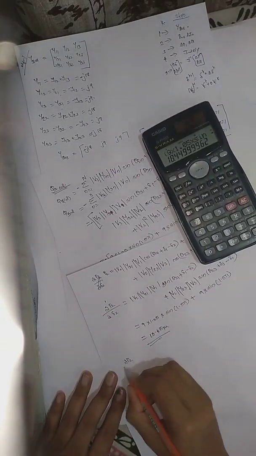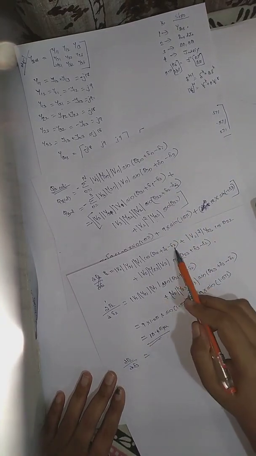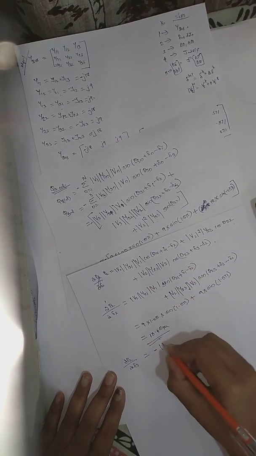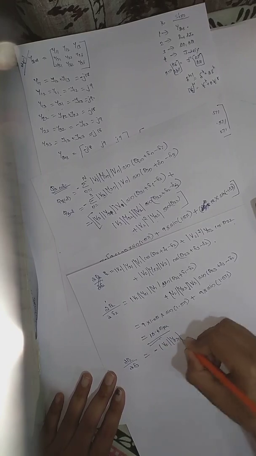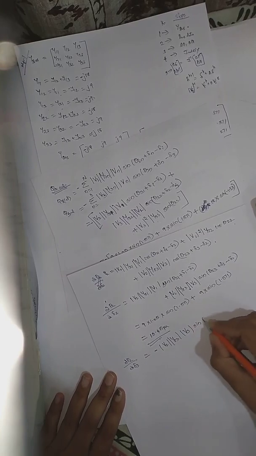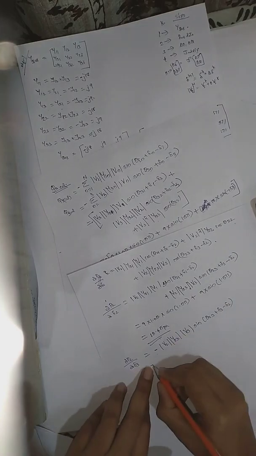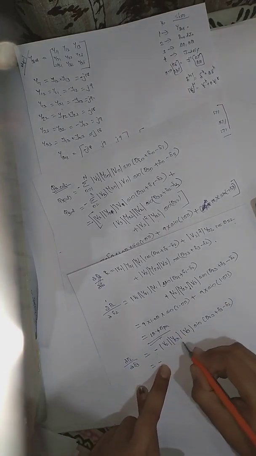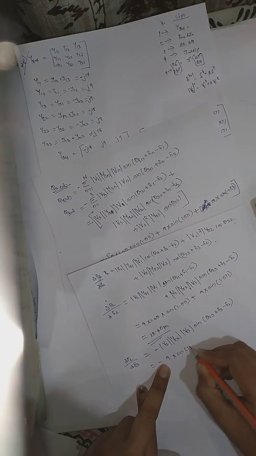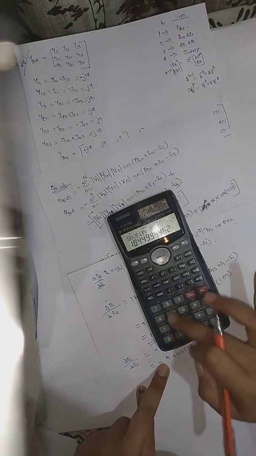Then I am finding dou P2 by dou delta 3. Here there is no delta 3, and here also no delta 3, only in one term it is there. So minus V2 Y23 V3 sin of theta 23 plus delta 3 minus delta 2. So there is a minus sign: minus of V2 value 1, V3 value 1, Y23 is 9, into sin of 1.571.